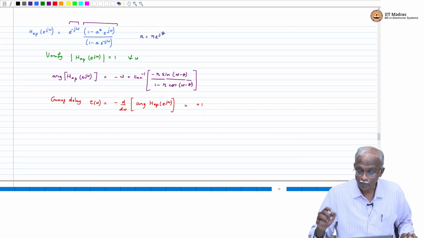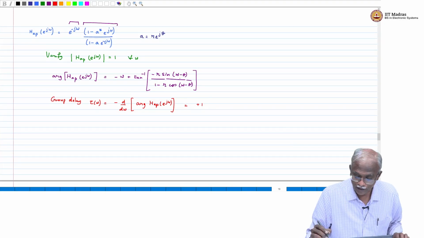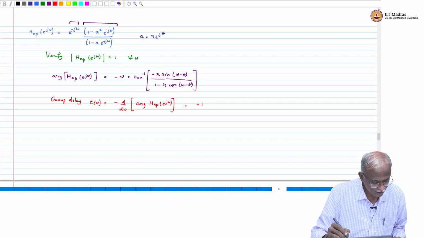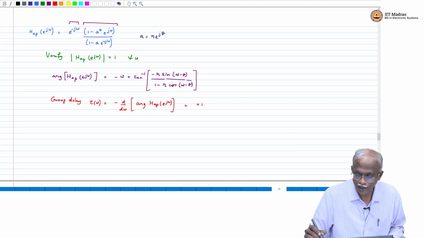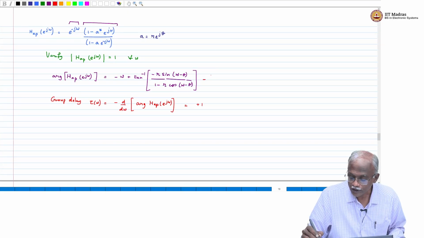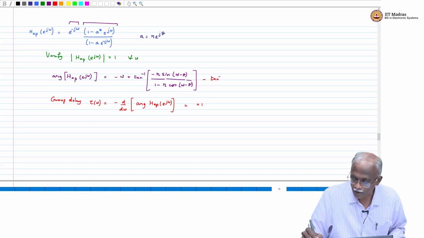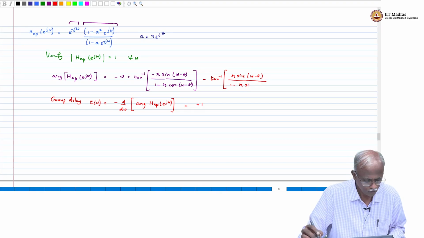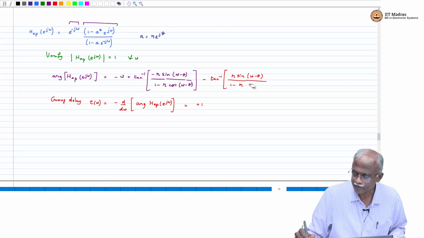Oh, by the way, I missed one very important thing. What I've written down here, the first term, is the numerator term. Remember, we also have to subtract out the phase of the denominator term. So the denominator term will be minus tan inverse of r sin(ω - θ) divided by 1 - r cos(ω - θ).